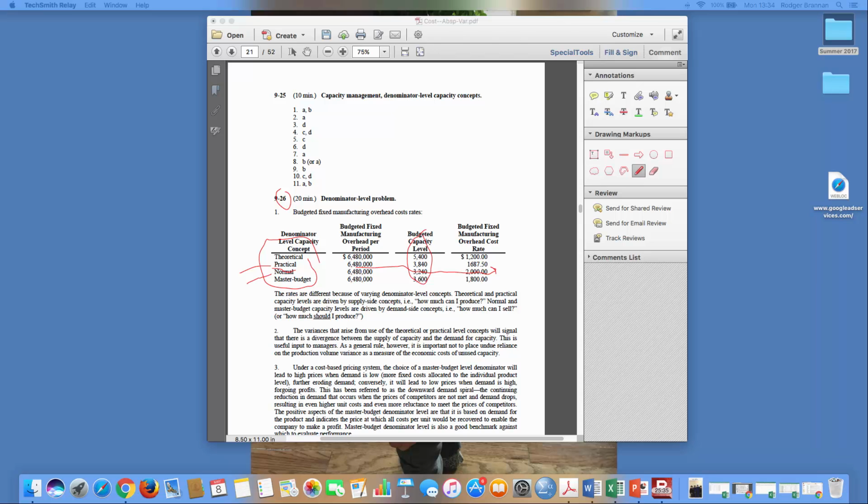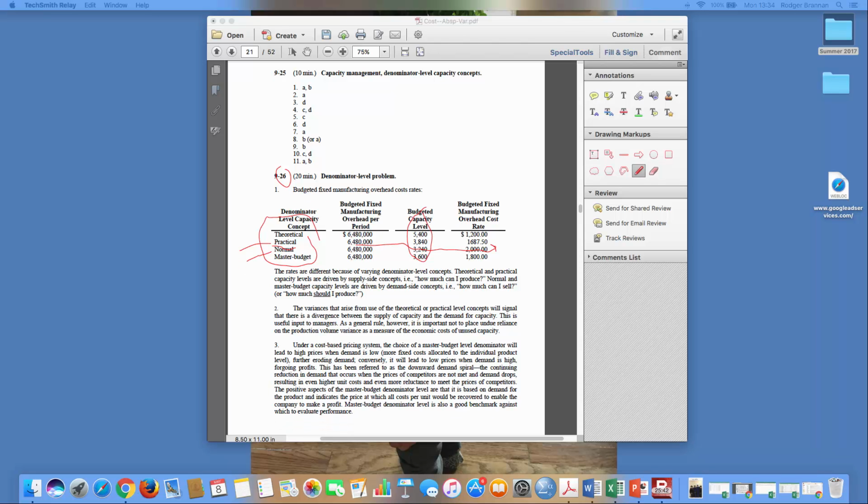The definitional part you're going to have to know how to do. But the other part of it is, why would I choose one level of capacity over another? As I said, from a very simple point of view, most companies will choose either practical or normal and base their equipment needs on that rather than on theoretical or master budget.